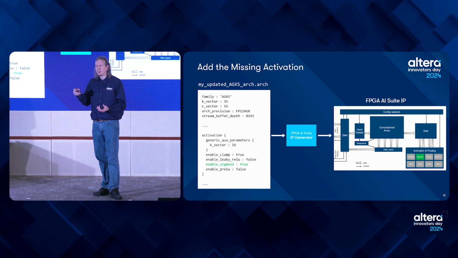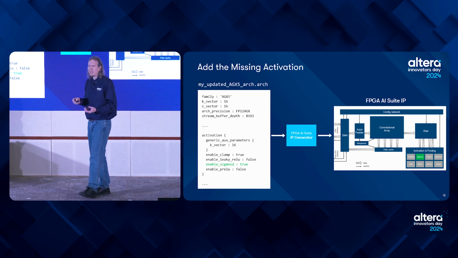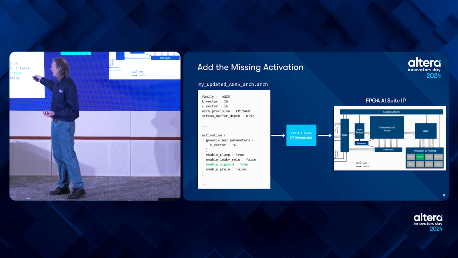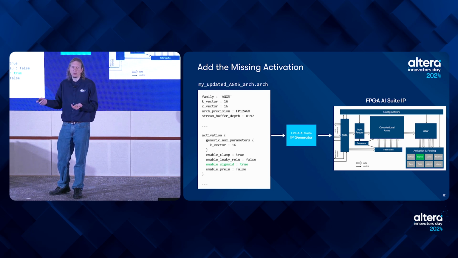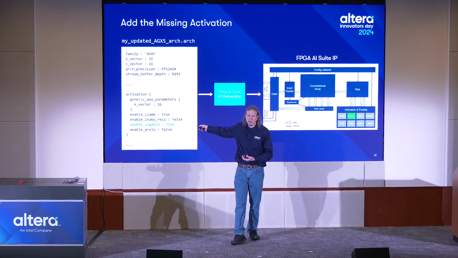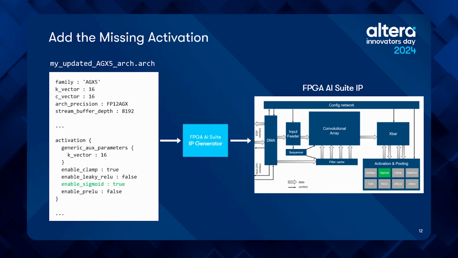Changes that affect the functionality of the IP do need to be made explicitly by the user. Because we are enabling a sigmoid module, that changes the functionality of the IP because it changes the set of graphs that are supported on the IP. And as a result, we need to explicitly make that decision here in the Arch file rather than trying to use the tool to do it for us.